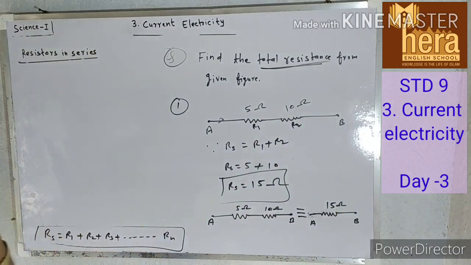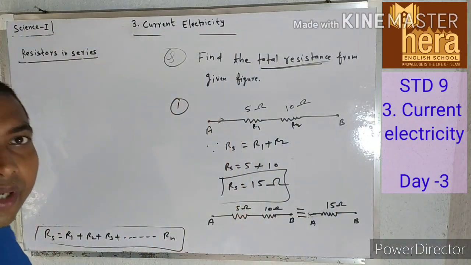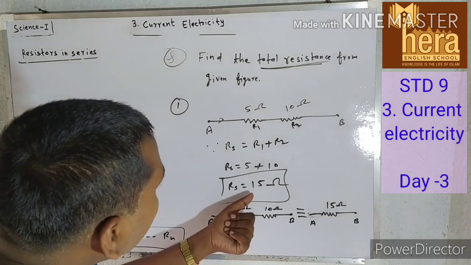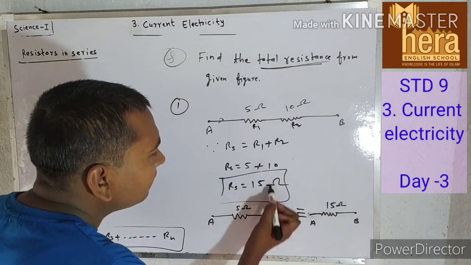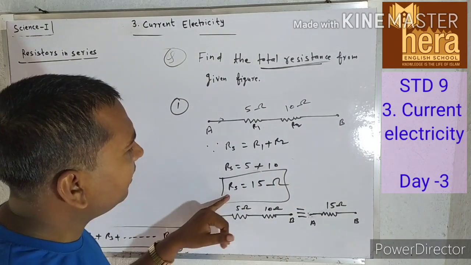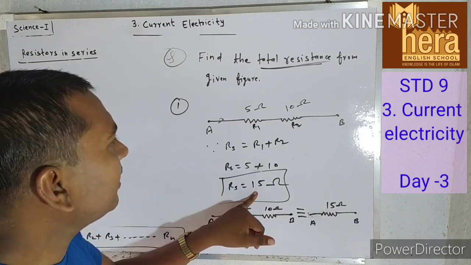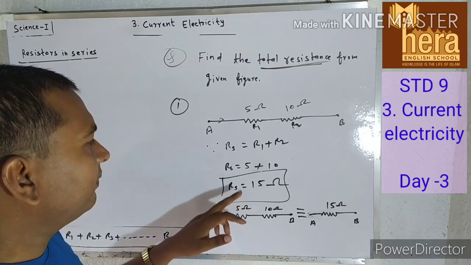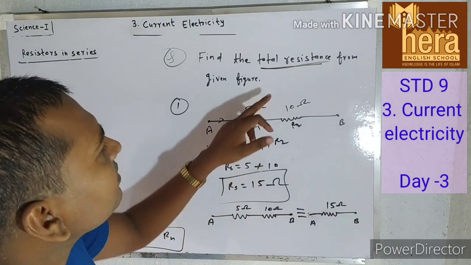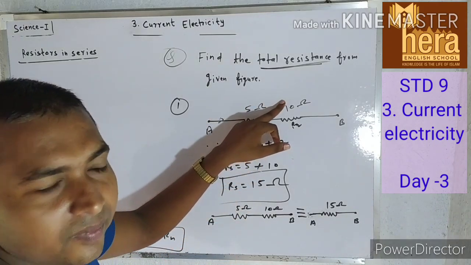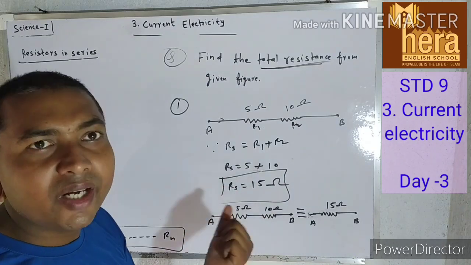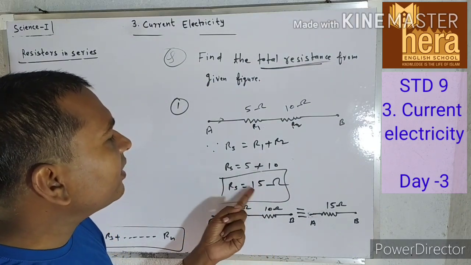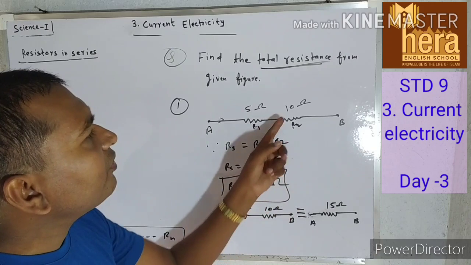Okay. Some important points. You can see here that total resistance RS is equal to 15 ohm, that is greater than individual resistance, that is greater than the highest resistance. In case of series, if you find total resistance, that will be greater than the value of the highest resistance.